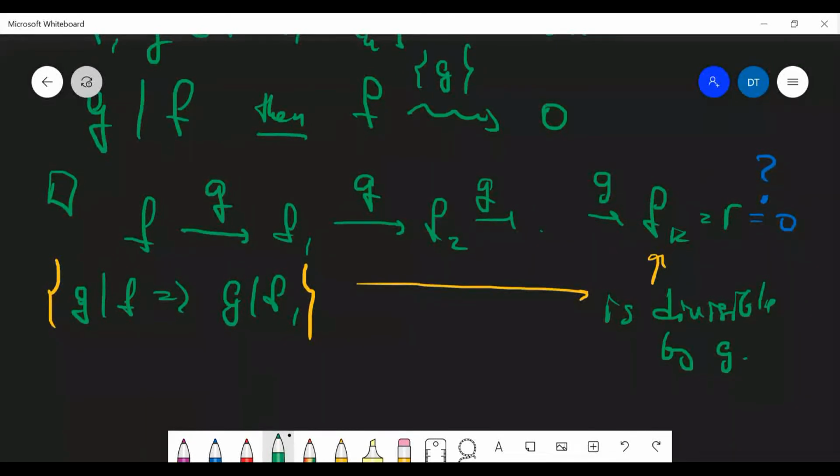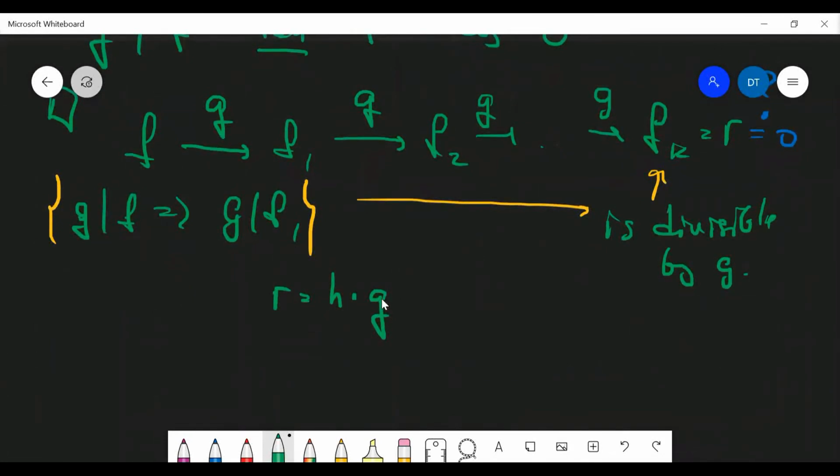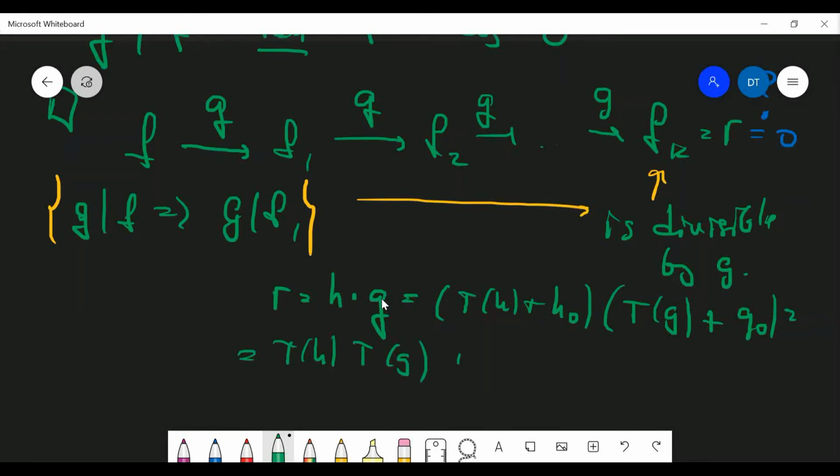So if the remainder has the form h times g, then if you multiply g and h, you will get a monomial divisible by the leading monomial of g. Just multiply the leading monomial of h by the leading monomial of g. Here you have the leading term of h plus the tail of h, times the leading term of g plus the tail of g. And when you multiply this, you will get this.